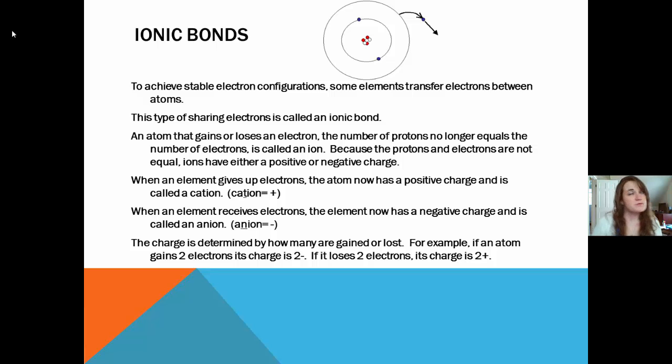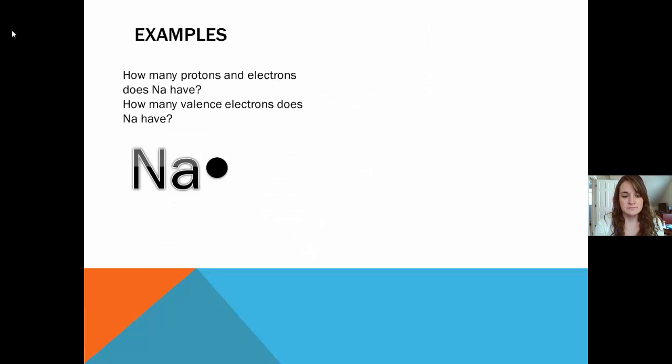If 2 are gained, your charge is going to be 2 minus, because now you have 2 more negatives than positives. If it loses 2 electrons, it's going to be 2 plus, because you have 2 more protons, 2 more positive charges, than those negatives to cancel out.